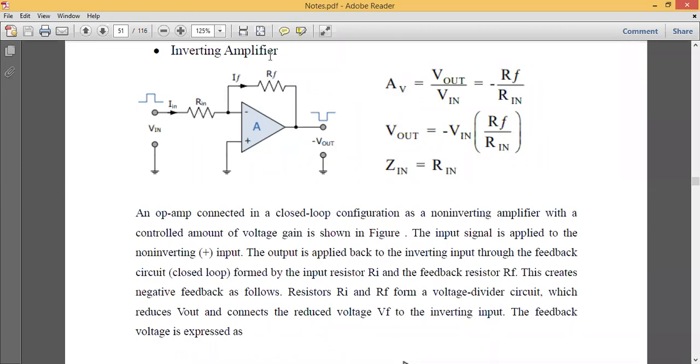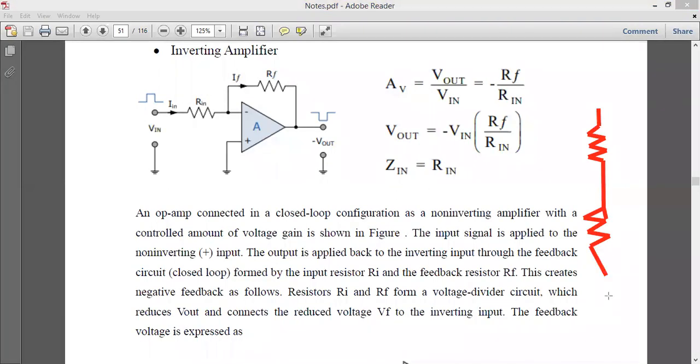How will the voltage divider circuit look? Simply, the two resistances are in series. जब आप दो resistance ऐसे दिखा रहे हैं, then that will form a voltage divider circuit. Here the voltage will be different.